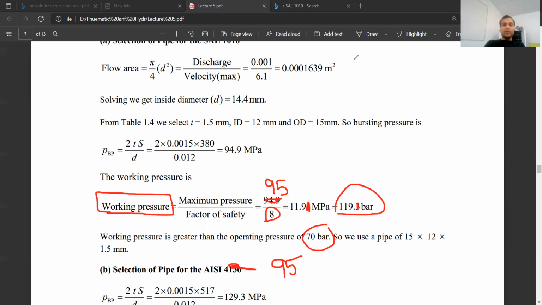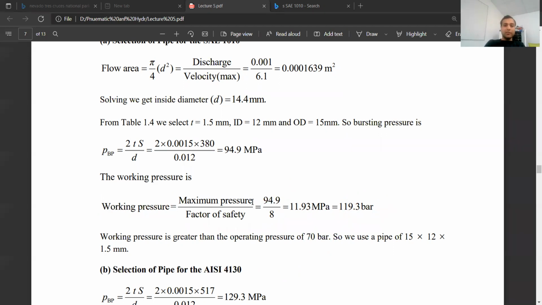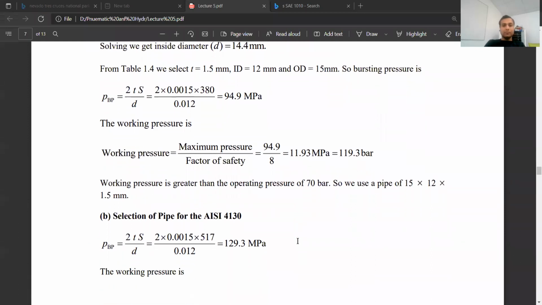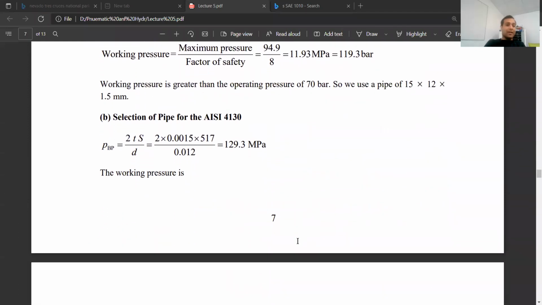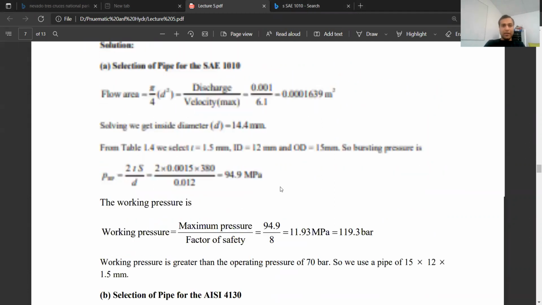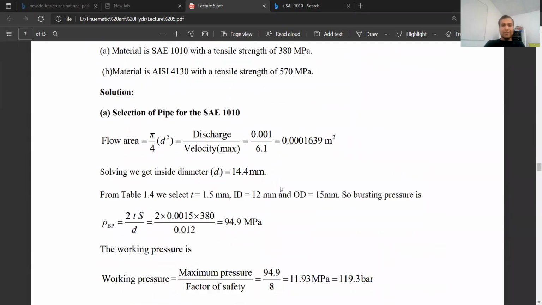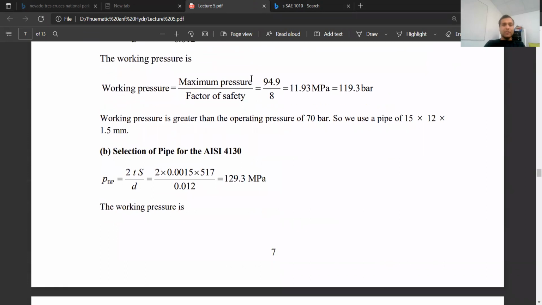Now let's say I want to do the next material. Exactly the same procedure. The only thing that will change here is the strength. So strength here is 570. This is not 517, it is 570.